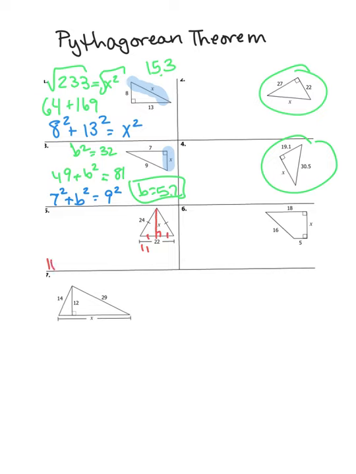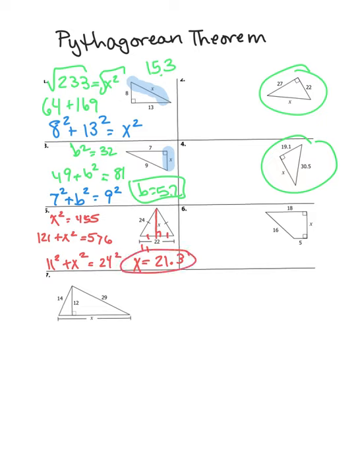So 11 squared plus x squared is equal to 24 squared. 11 squared is 121, and 24 squared is 576. I subtract 121 from both sides and I get x squared is equal to 455. I take the square root of 455 and I get x is equal to 21.3.